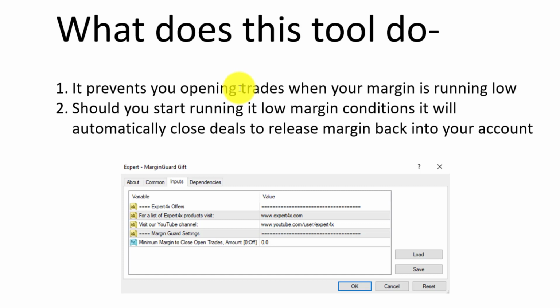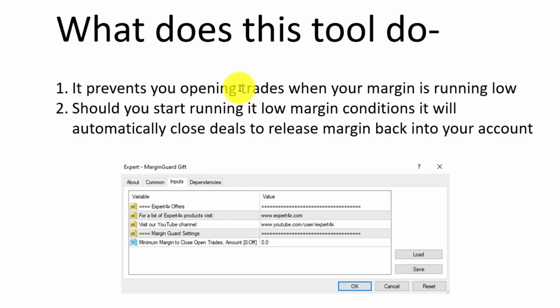And what is a dangerous level? You decide on that. If you've got a $10,000 account, you might decide $3,000 is a dangerous level, or $2,000 is a dangerous level. If you've got a small account of, let's say, $300, maybe then $1,000 would be your dangerous level.